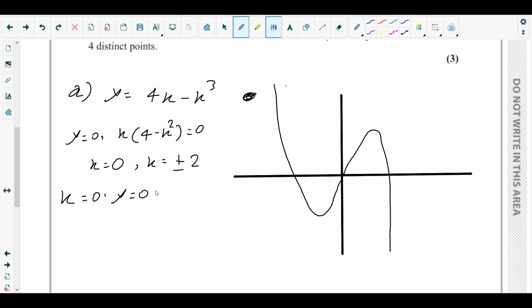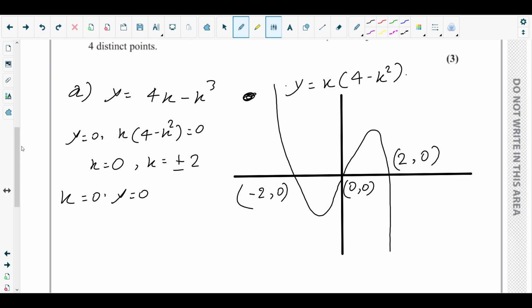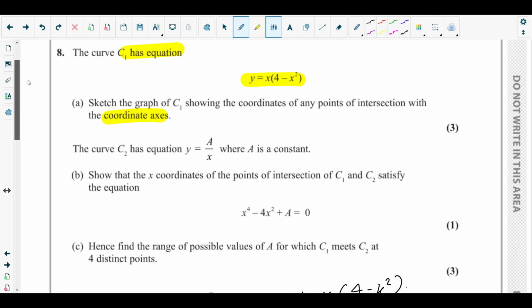That's how it goes. Since it's a sketch, it shouldn't be accurate, but the shape should be perfect. So negative 2, 0, then the origin 0, 0, and then 2, 0. This is the sketch for the curve x times (4 minus x squared). That's all about part A.